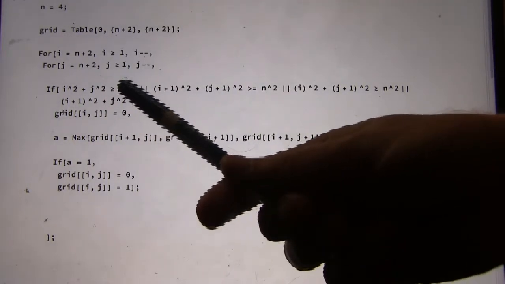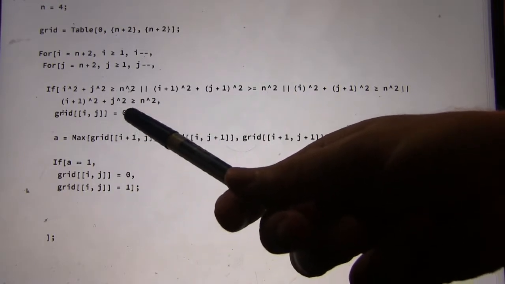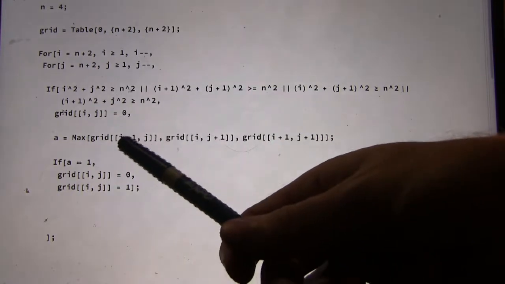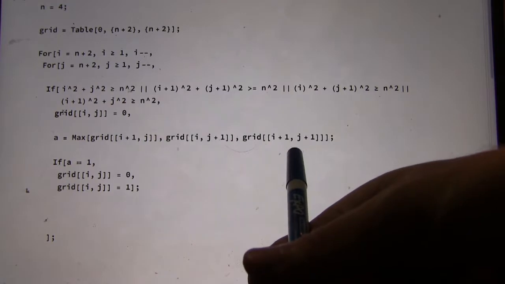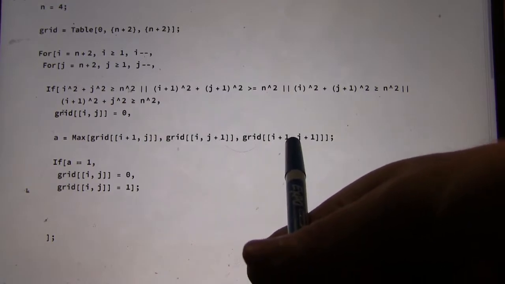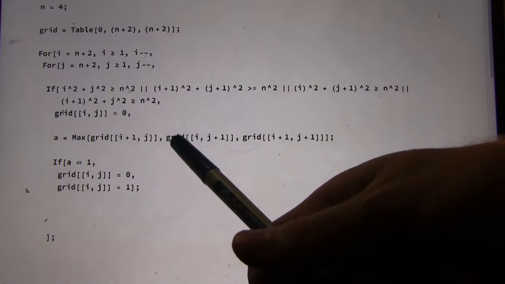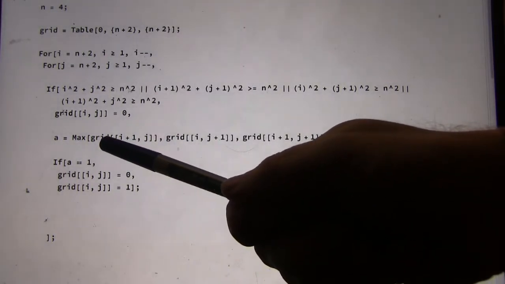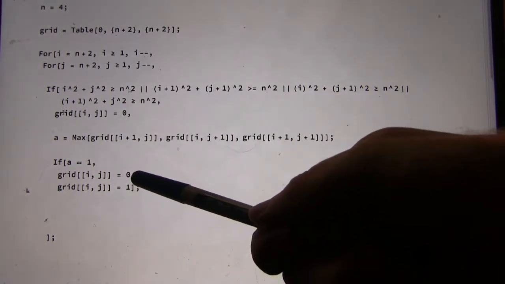Okay, so if I'm on the grid or I can move out of the grid, I keep that grid point at 0, because that's a win. Otherwise, I look at the maximum value of the grid points I can move to. If the maximum value is a 1, in other words, a loss, so if I can move to a loss, I set that to be equal to a win.